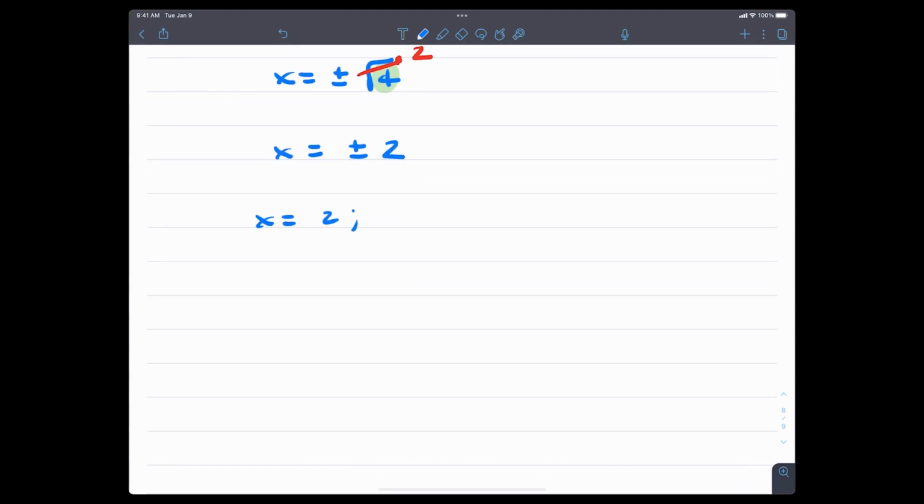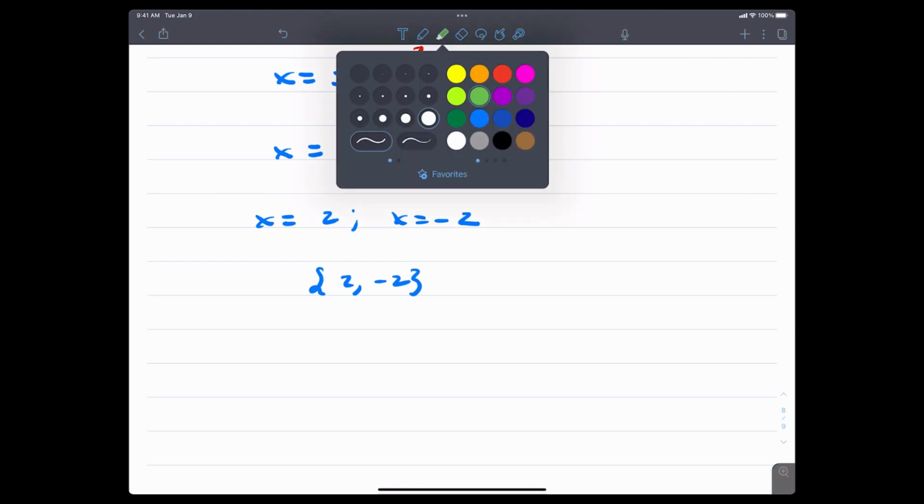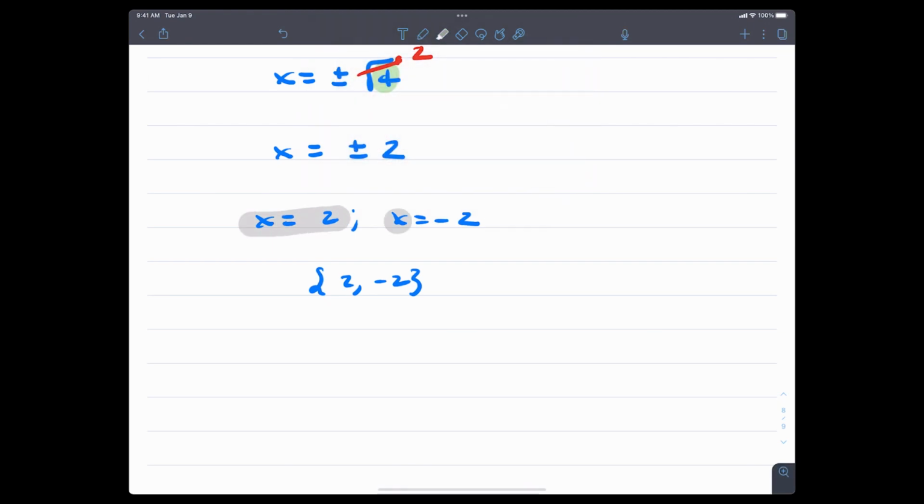One is positive and the other is what? Negative 2. Two solutions, ladies and gentlemen. What do you guys think? Okay, you guys okay with that?